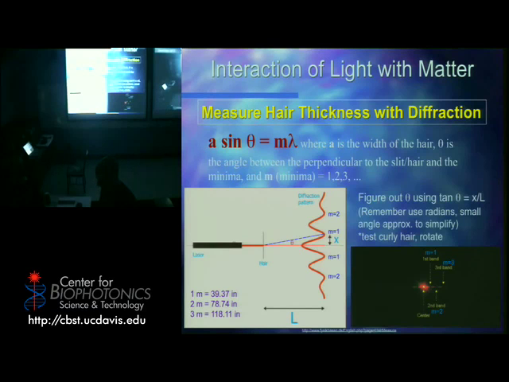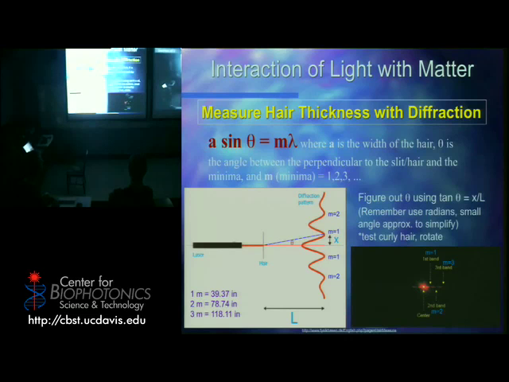This is the James hair. So for n, you just write that it's minimum one. You try one thing. And then we just do the ratio of x to L to find theta, the arctan of x over L. And then you put sine theta.